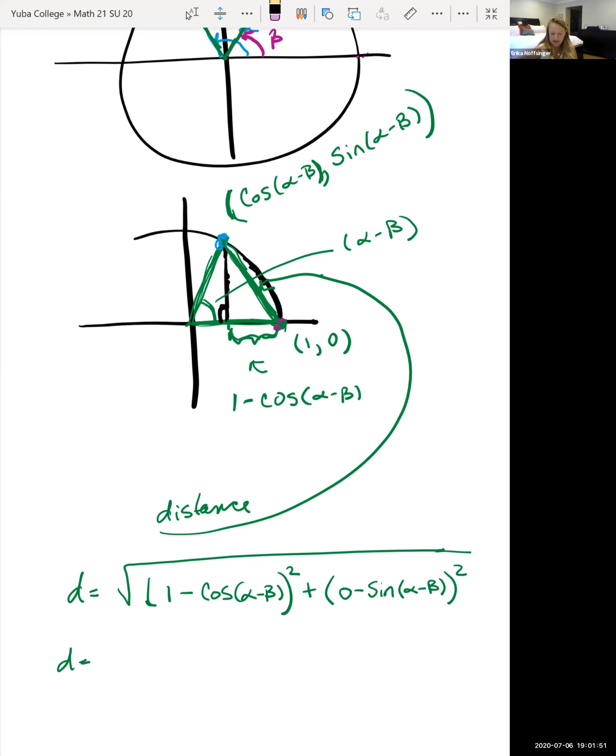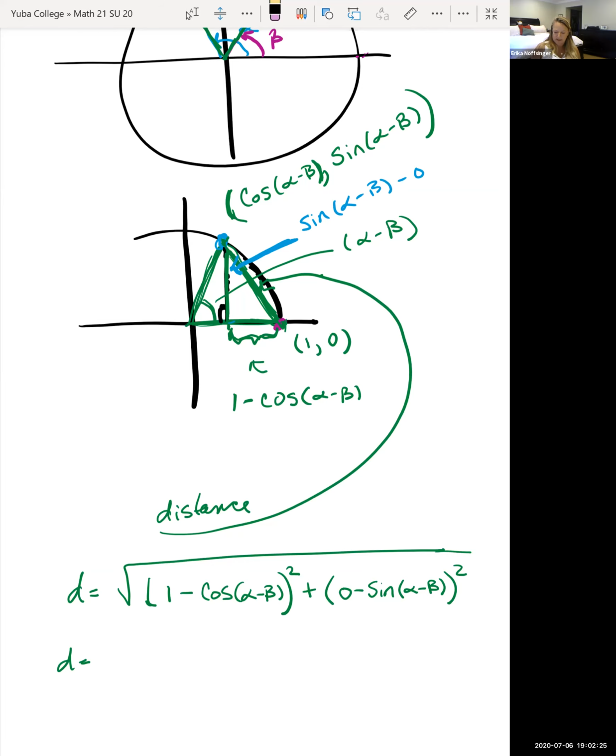This distance right in here is my y value. My y value, the bigger piece, is sine of alpha minus beta, minus the bottom piece, which is 0.